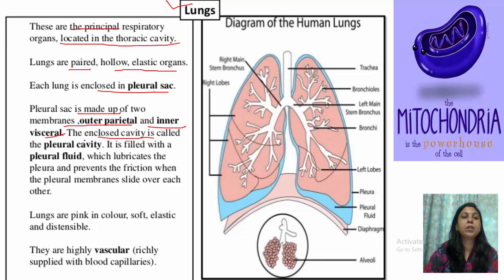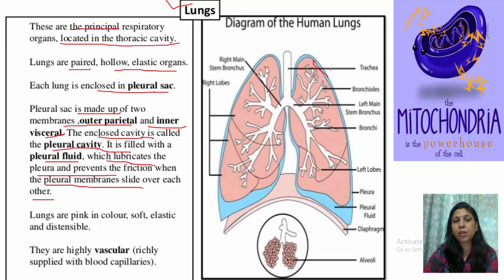The enclosed cavity is called the pleural cavity, which is filled with a fluid known as pleural fluid, which lubricates the pleura and prevents friction when the pleural membranes slide over each other. You can see it's a double membrane. In between, this is the pleural cavity.